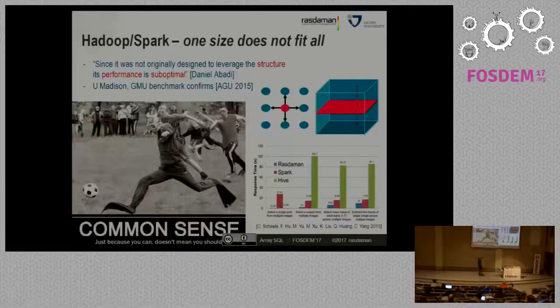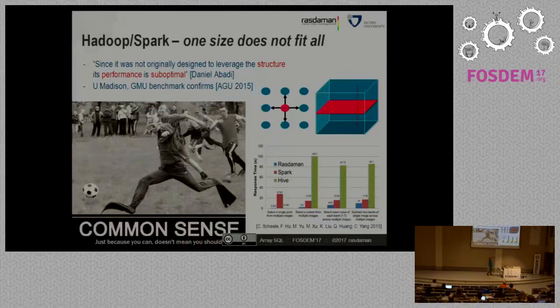Now, if I have my red pixel that I want to access, it's extremely likely that in the next millisecond I will want to have a blue one. As long as the array is small and fits into your RAM, Hadoop can deal with that as well. In the end, it's Java, and Java knows arrays. But hey, we talk about big arrays, yes? Multi-terabyte objects. So you need to shuffle around, and this is what Hadoop doesn't know. Consequently, this is shown by benchmarks.